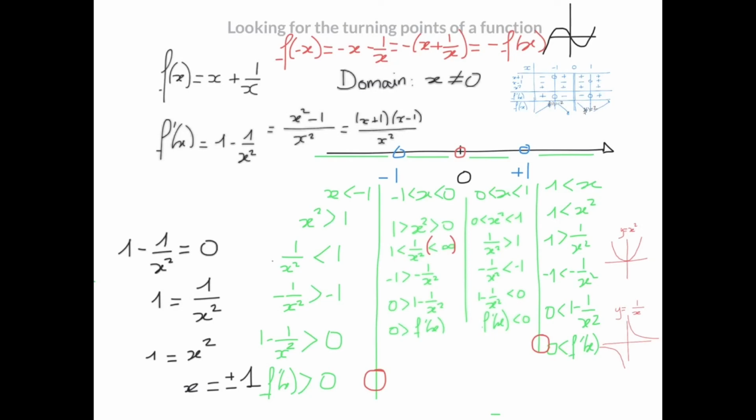So what does it mean, really? It means that half of what we did right there was completely useless. Because using this symmetry property, you know that when x is positive, so let's say on this part here of your domain, if you get a function that goes like this and like that, then if you rotate this graph by 180 degrees, you will end up with something that looks like this.